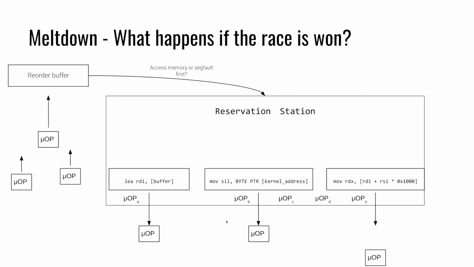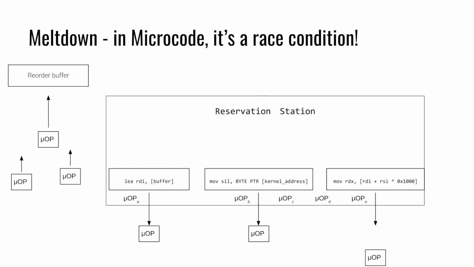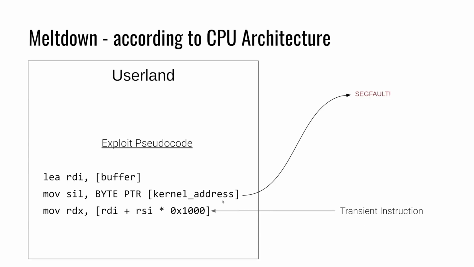And so if we win the race, we will access a byte of memory from this kernel address that we do not have permission to, but we only access it in the speculative context, right? This byte won't actually be in SIL. This byte won't actually be in RSI.